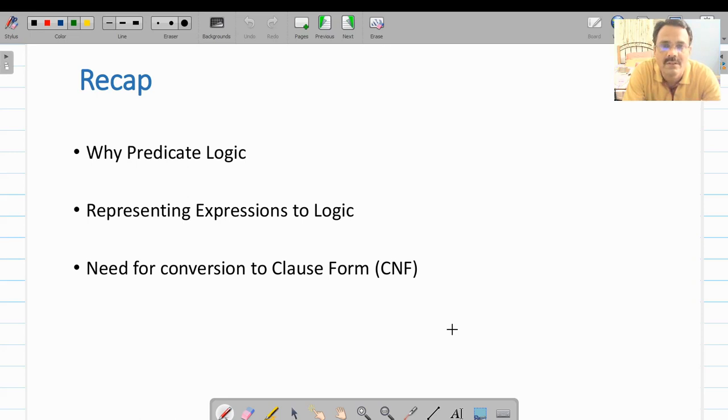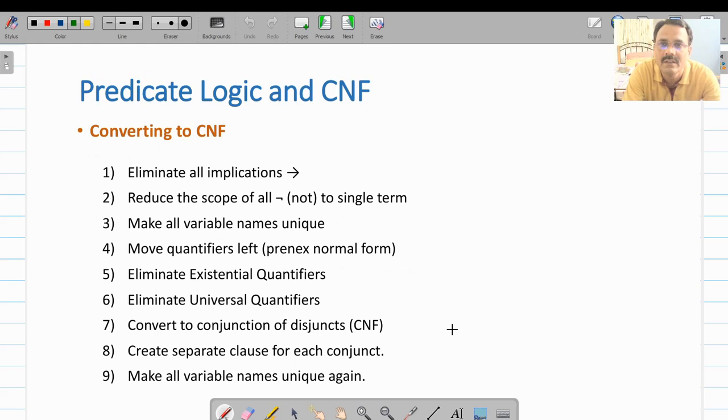So to make your representation consistent, you need to convert statements into normal form, specifically conjunctive normal form. Now let us see how to convert every statement into CNF. Every statement has to go through at least the 7 steps.